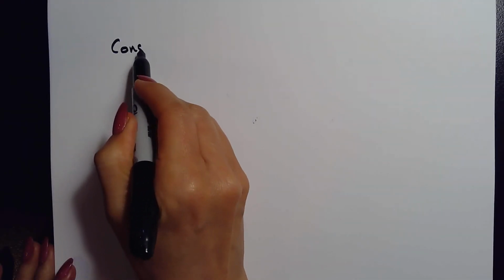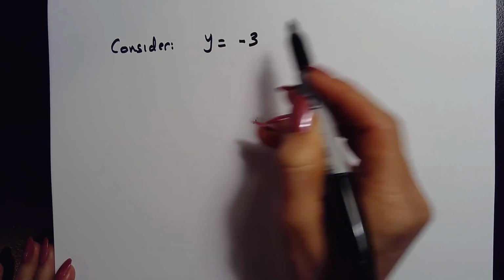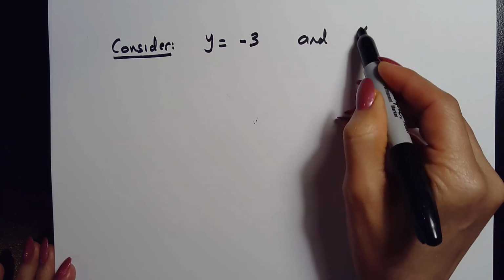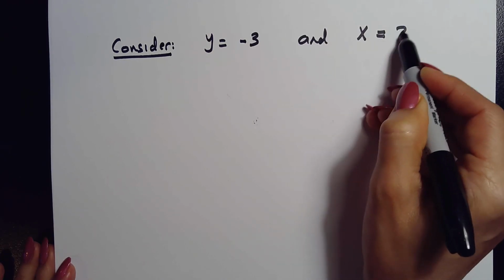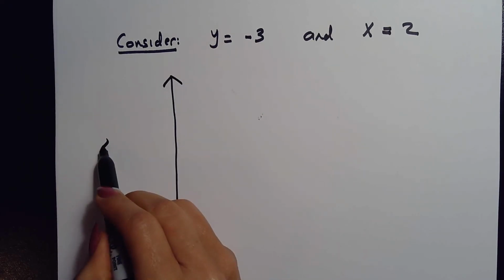I want to talk about 2 lines. Consider y equals -3 and x equals 2. If I were to graph these 2 lines, let me show you what they look like.